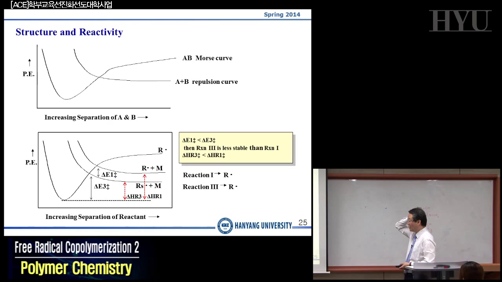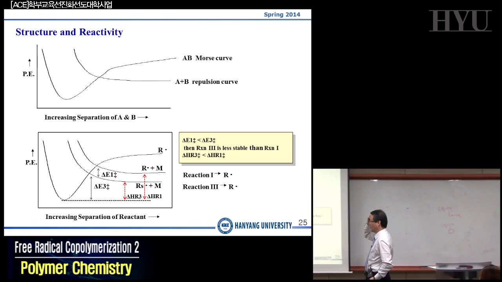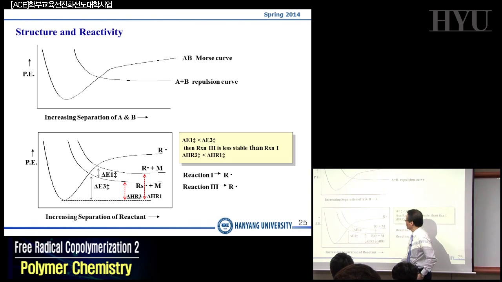I think I have modified this, but it was not given here.